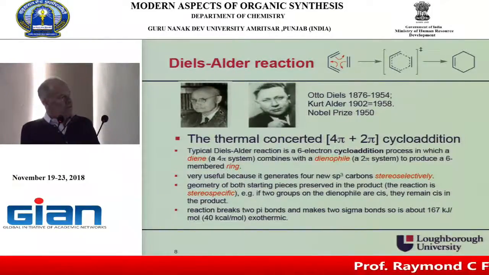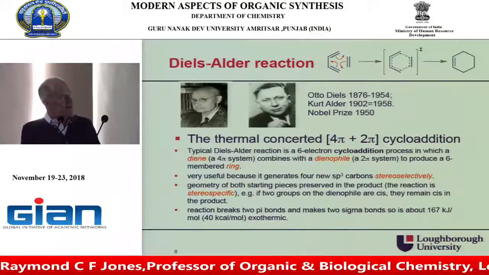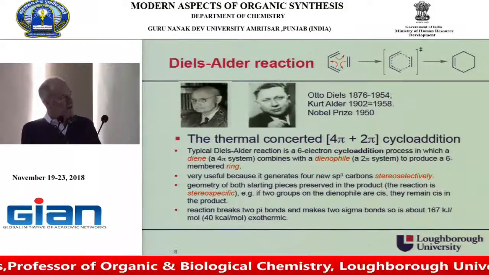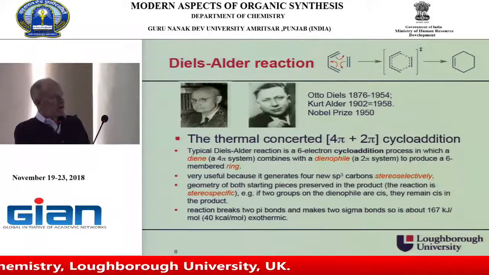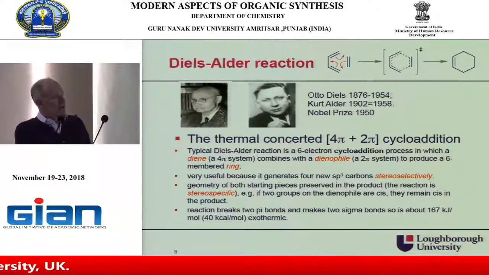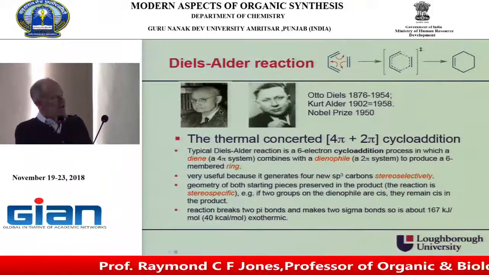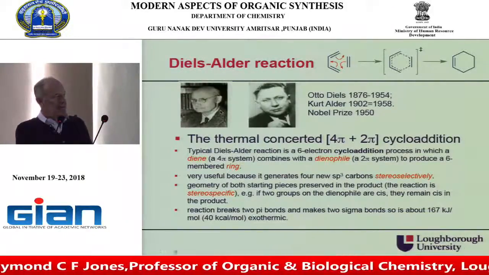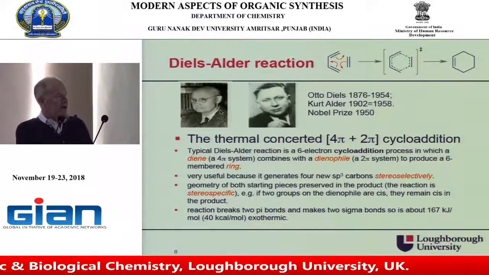And it's 4 plus 2, well, it's 4 atoms plus 2 atoms, but here I've said it's 4 pi, that's 2 pi bonds here, a diene, that's 4 pi electrons involved, and 2 pi in the alkene. It's a 6-electron cycloaddition process in which a diene, a 4 pi system, combines with a 2 pi system or an alkene. In this context, the alkene has been called a dienophile, meaning it's just something that loves dienes, something that wants to react with dienes.